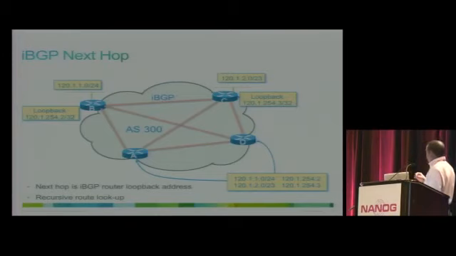So when it injects that route, it uses the loopback IP address as the next hop. And the reason is because the loopback IP address is used for iBGP peering. That's not a requirement, but that's the recommended practice.